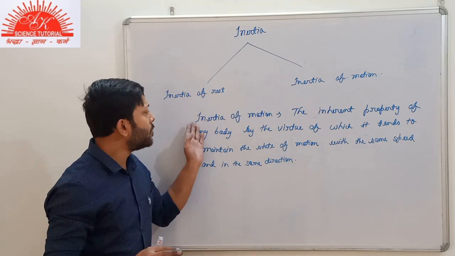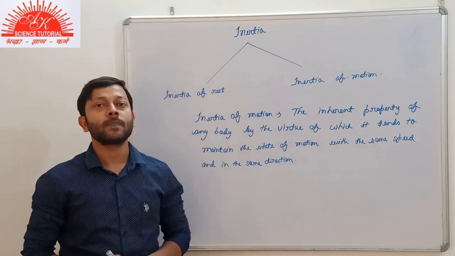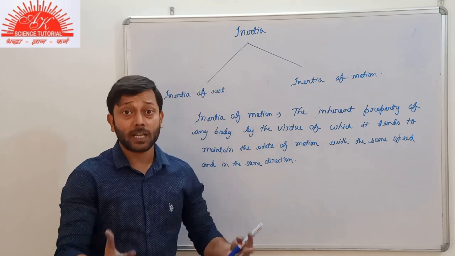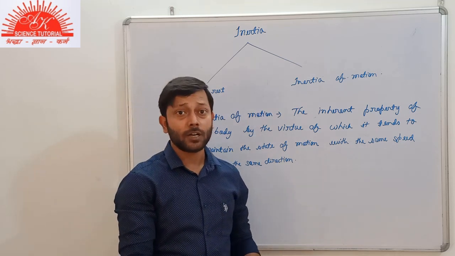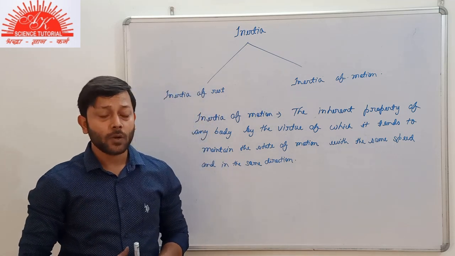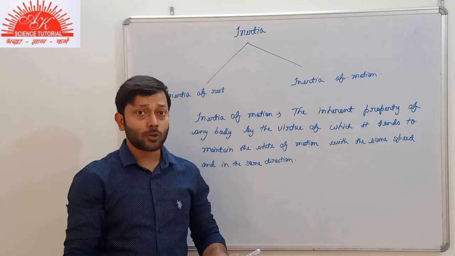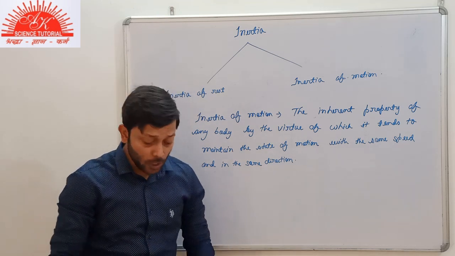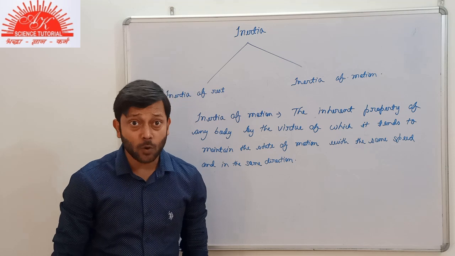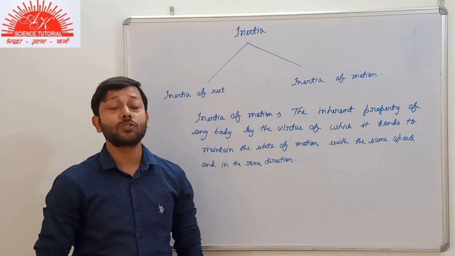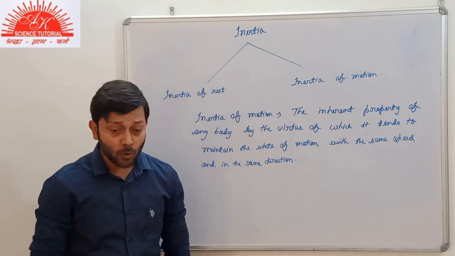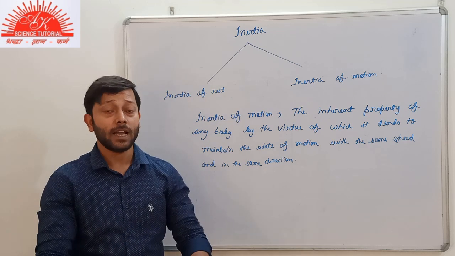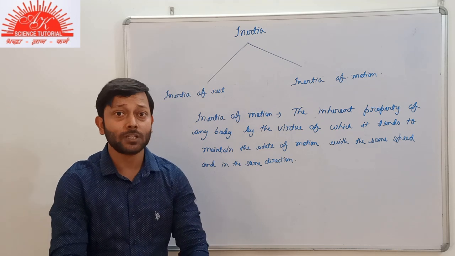What is it about inertia of motion in this case? Suppose you jump out of the train, all of a sudden. What is the condition there? As soon as you jump out of the running train, the lower part of your body, the legs, come to rest instantly as soon as they come in contact with the earth.